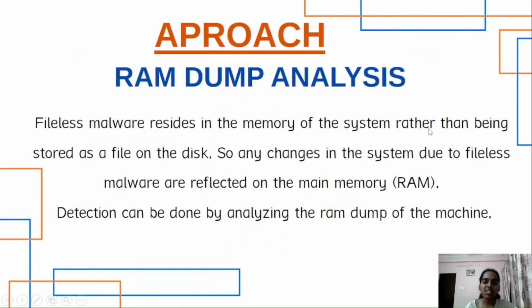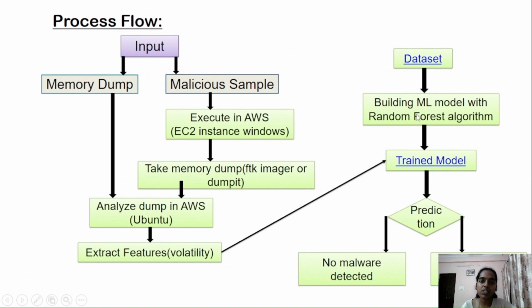Our approach: as fileless malware runs in the memory, we thought of doing memory analysis, by which we can tell whether a file is malware or not. So our approach is RAM dump analysis. This is the process flow that we thought of implementing. To our web application you can give two inputs, a memory dump and a malicious sample.